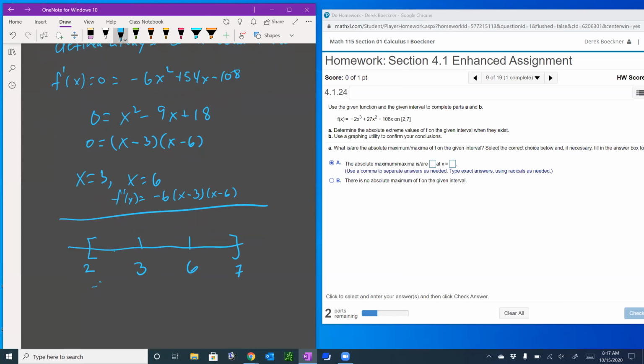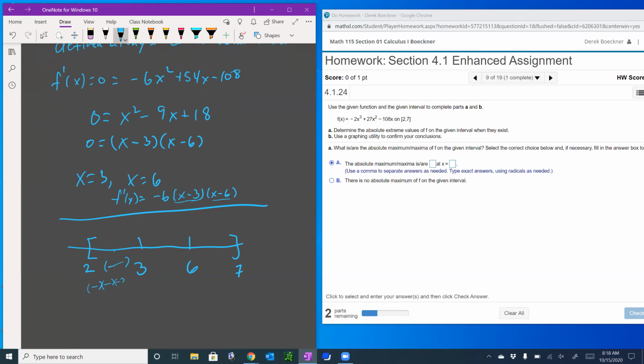So I know I have a negative from the -6. If I take a number in here and I subtract 3, I have a negative from that, right? From this factor. And if I subtract 6, I get another negative, right? So I get 3 negatives. So the derivative on that interval will be negative. Good with that?